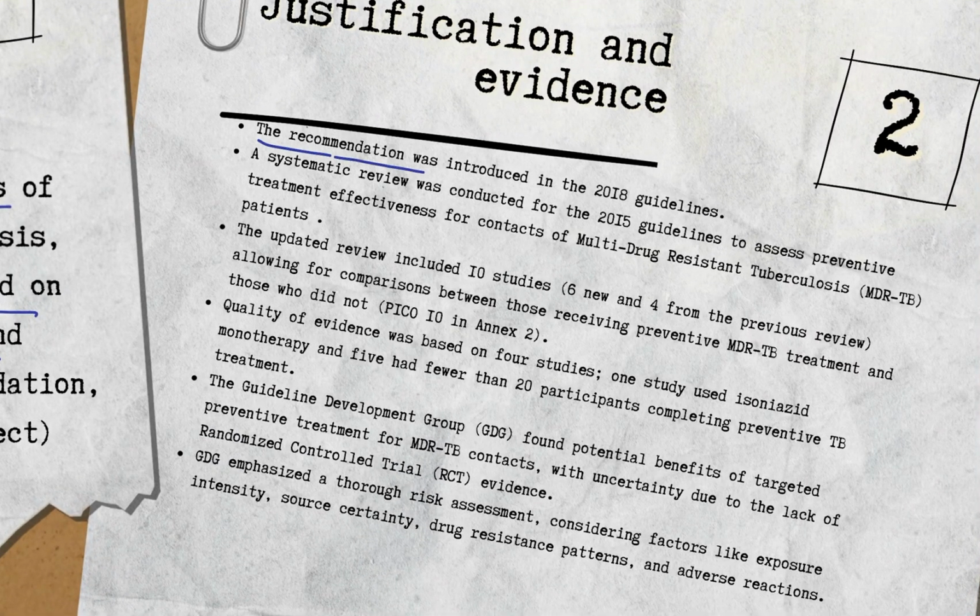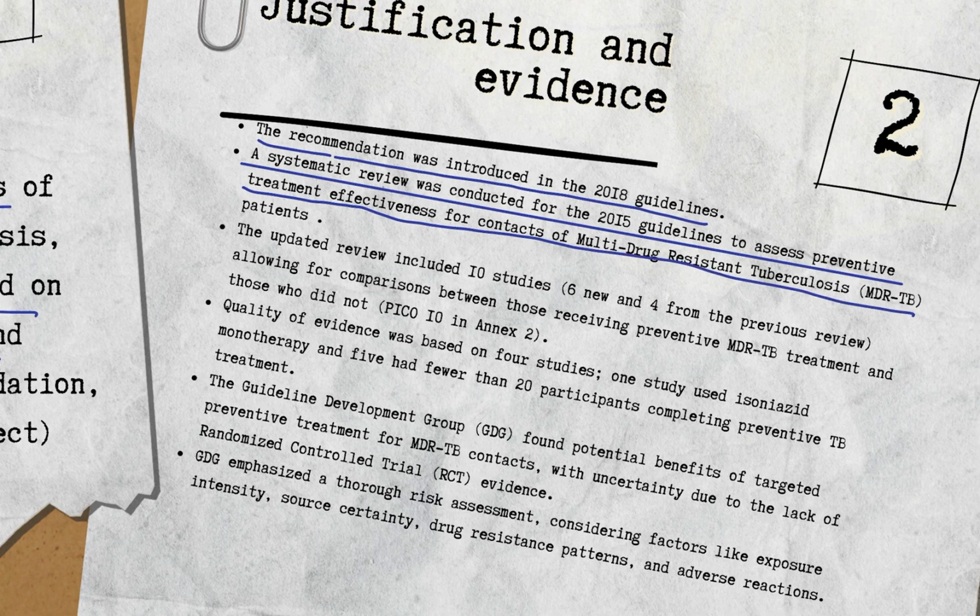Justification and evidence. The recommendation was introduced in the 2018 guidelines. A systematic review was conducted for the 2015 guidelines to assess preventive treatment effectiveness for contacts of multi-drug resistant tuberculosis patients. The updated review included 10 studies, 6 new and 4 from the previous review, allowing for comparison between those receiving preventive MDR-TB treatment and those who did not.